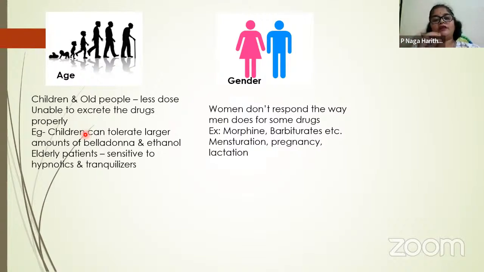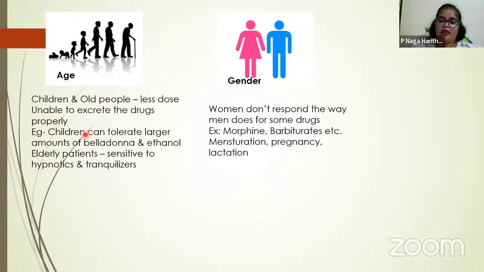So the drugs which excrete through the milk should not be given to patients who are under lactation, because that drug would be taken by the infant. For example, antihistamines, morphine, and the favorite example, the tetracyclines, which excrete through the milk.